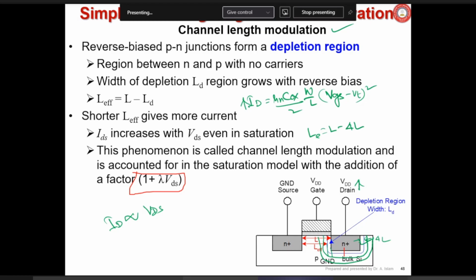Okay, so in an ideal MOSFET, we draw the I_D versus V_DS plot as initially linear when V_DS is very small, and afterwards constant in the saturation region.